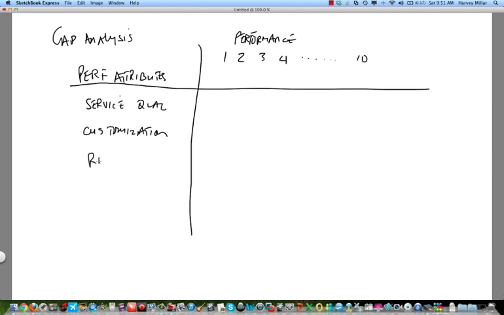We might want to look at responsiveness. We could look at even service support, after sales support.